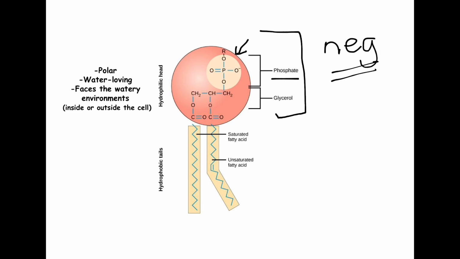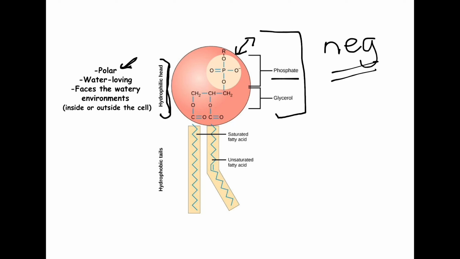That charge from the functional group gives the characteristic of the phosphate head. We call that head hydrophilic, meaning water-loving. The reason it's hydrophilic is because of that charge, so we call it a polar head.